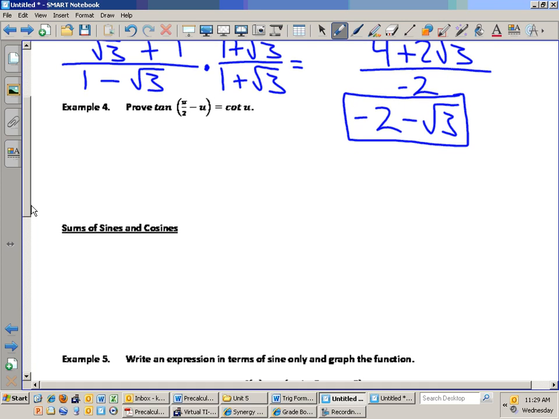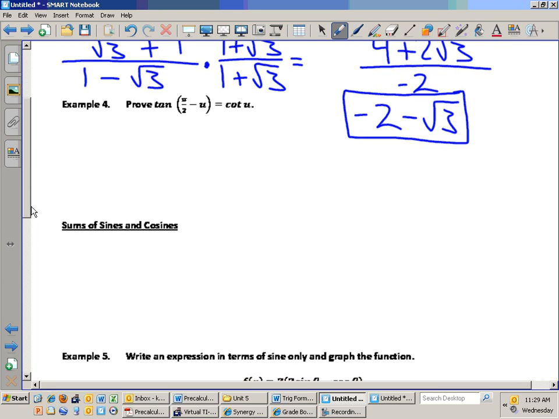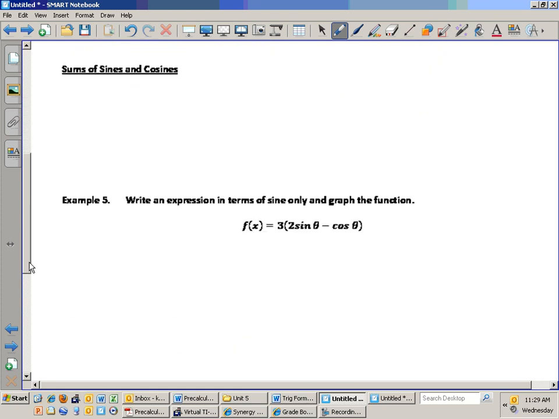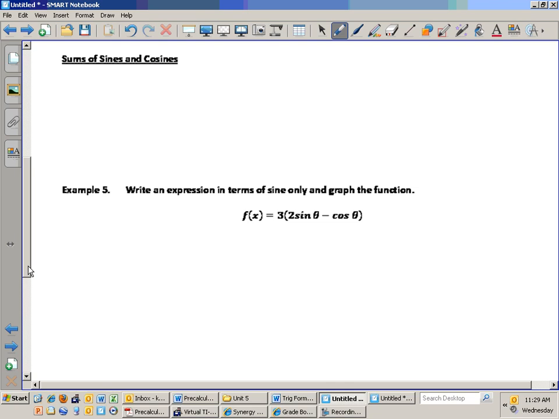Okay. We're going to skip example 4 where we prove something. We would like to prove it, but we don't have time. So we're going to go to this piece, and this is sums of sines and cosines. This is some excellent material. Thank you, Tyler, so I can write it down.